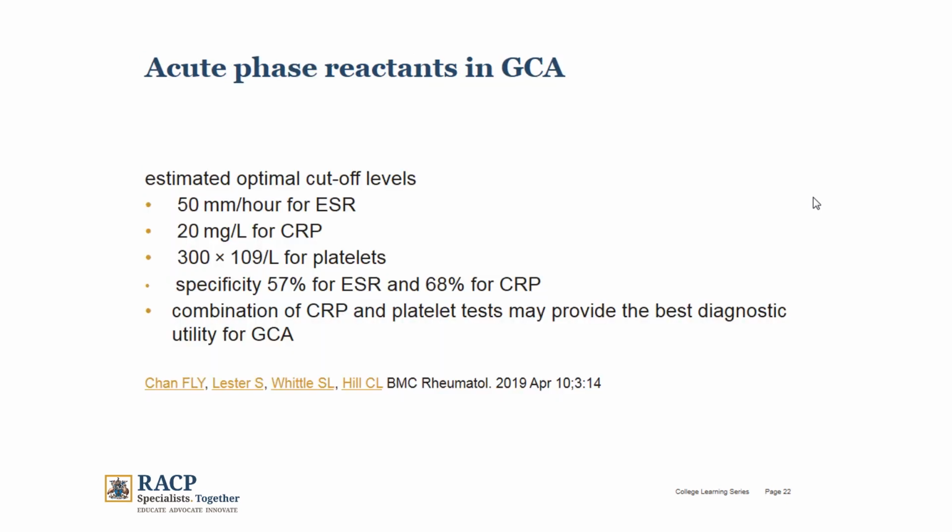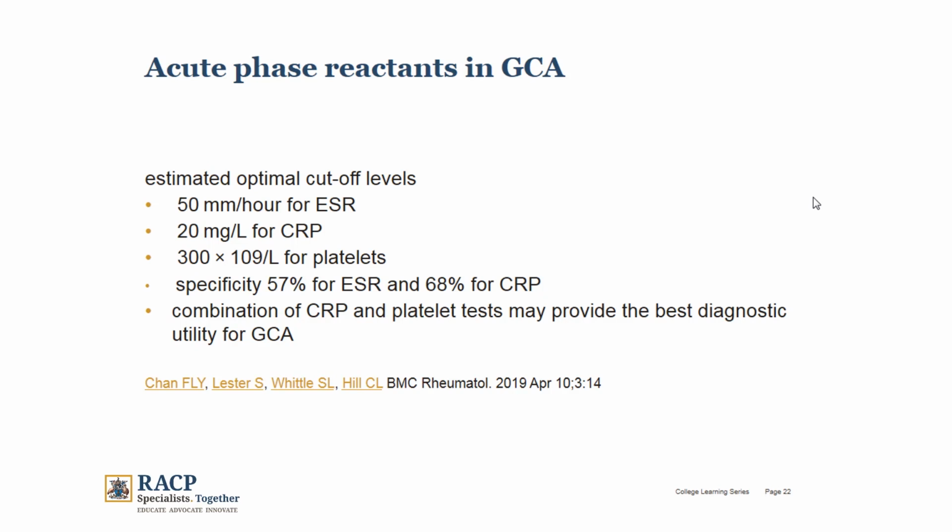Acute phase reactants can be helpful in the diagnosis of giant cell arteritis, and we look at a cutoff of over 50 millimeters per hour for ESR, more than 20 for CRP, and 300 for platelet count. The specificity is about 57% for ESR and 68% for CRP in patients with headache and other clinical symptoms suggestive of giant cell arteritis.